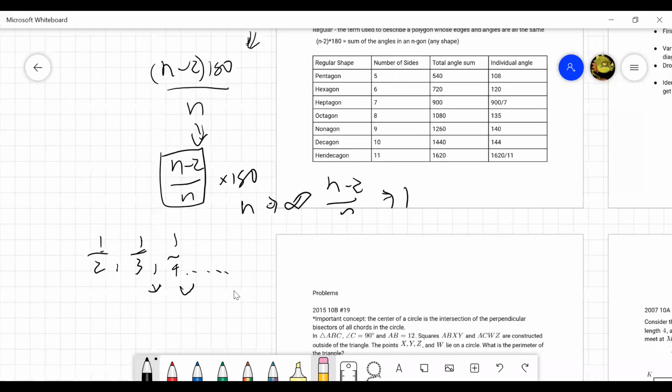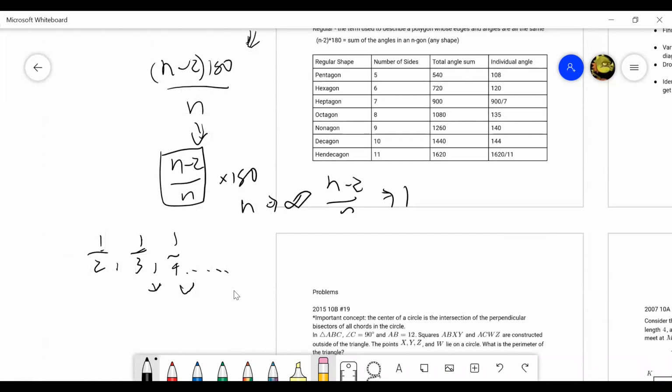Actually, it's directly related to this. You know how 1/2 minus 1/3 is greater than 1/3 minus 1/4, which is greater than 1/4 minus 1/5, and so on. Each one of these values is just n over n minus 2 over n, or 1 minus 2 over n. Since 1 over n gets smaller as n gets larger, 2 over n gets smaller as well.